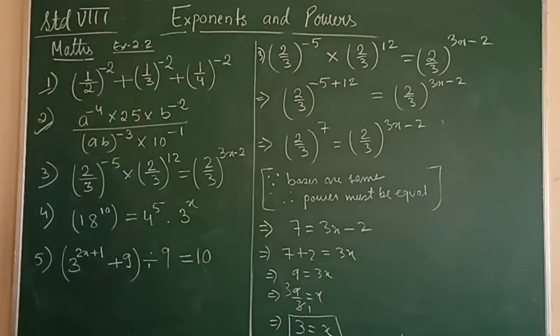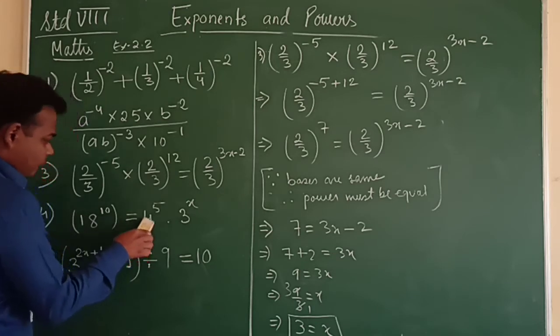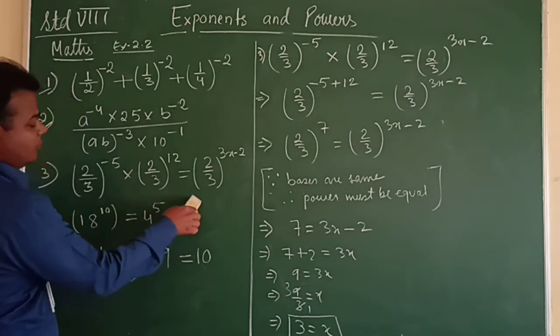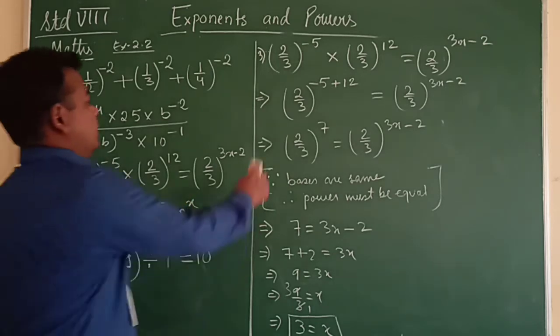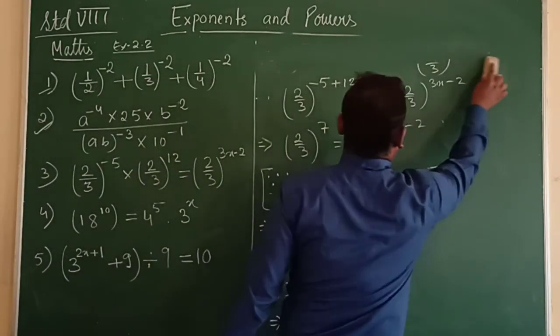Now moving towards the next question, that is question number 4. 18 to the power 10 is equal to 4 to the power 5 multiplied by 3 to the power x. Okay, let's start the fourth one.